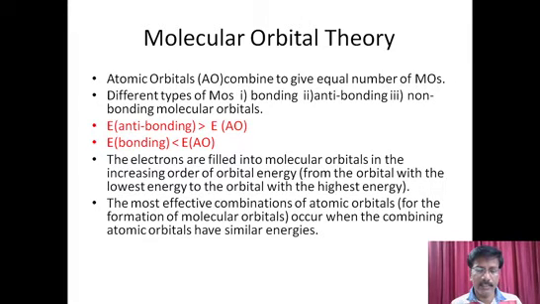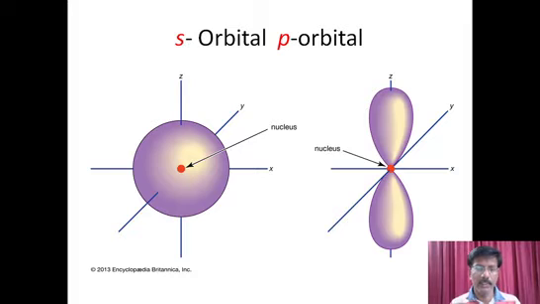Let us try to understand what this atomic orbital combination is, how they combine with each other, and how molecular orbitals are generally formed. First of all, look at the orbital diagrams of s orbital and p orbital. Similarly, d orbital also.